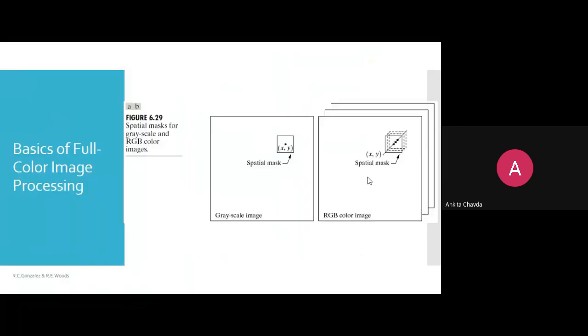Intensity of R, intensity of G, intensity of B, for a single pixel. It actually has three intensities for R, G, and B separately. Then it will be averaged and it will represent one single intensity number, right?